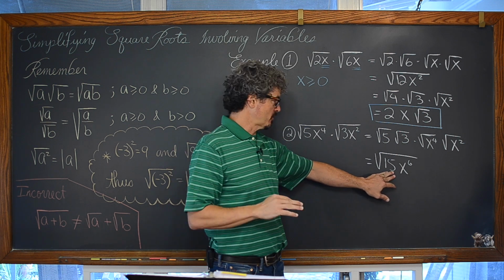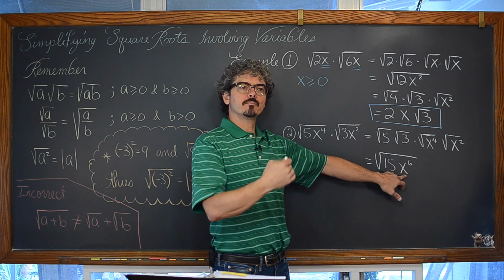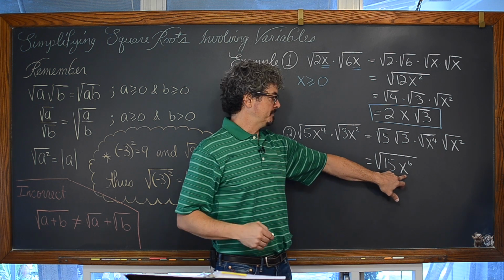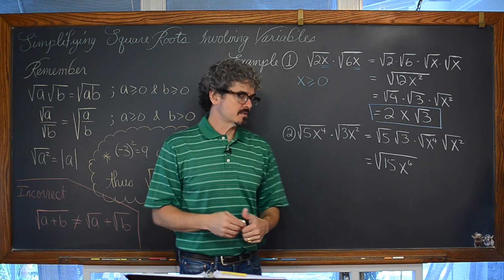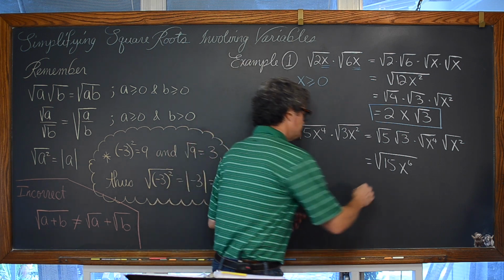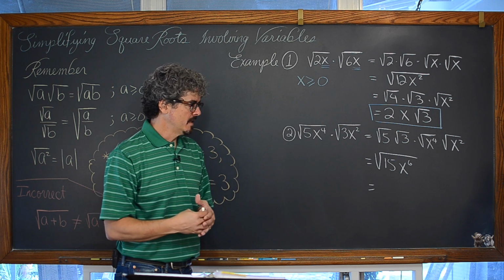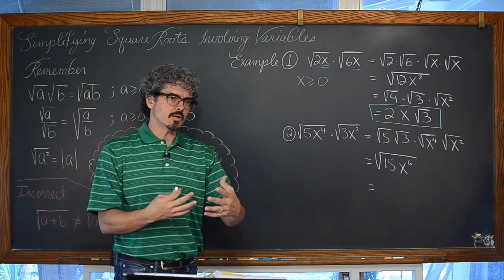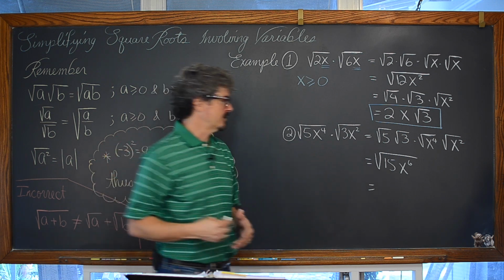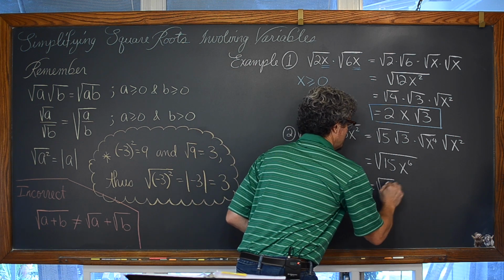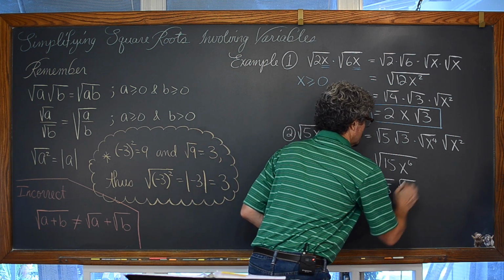No, none of those numbers are perfect squares. But there are x squares in this x to the 6th. And there's a lot of flexibility in how you show your work with radicals. Since we're just starting out, I'm going to expand it out into a bunch of little tiny pieces, hopefully making it make as much sense as possible.